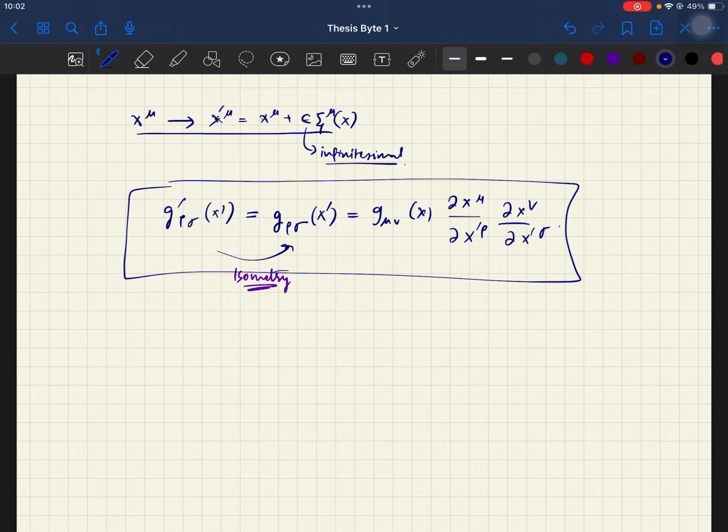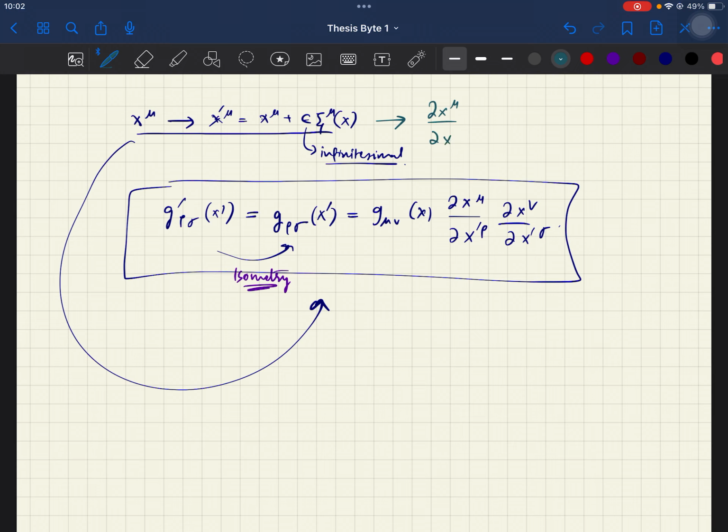Now you could substitute this transformation here, and an interesting thing that I got to know yesterday was, if this is your transformation, then this implies, interestingly, that del x mu by del x prime rho is nothing but delta mu rho minus epsilon del rho xi mu of x.